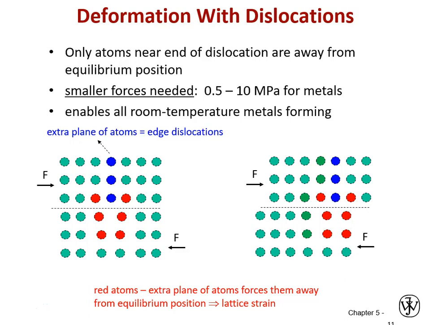We've achieved the same amount of deformation. We've still got R0 of net permanent plastic deformation. But to do it, we only had to exert about a half to 10 megapascals as opposed to 20 to 150 gigapascals, which we would have had to do to move the whole plane. That's 4 orders of magnitude or more less energy to get the same amount of movement.